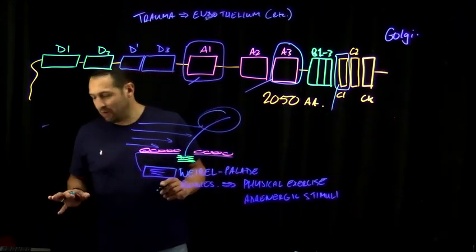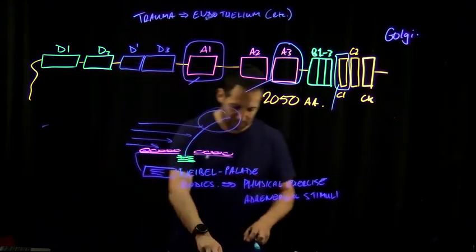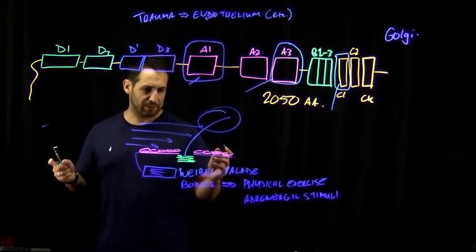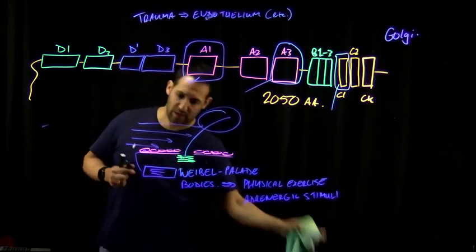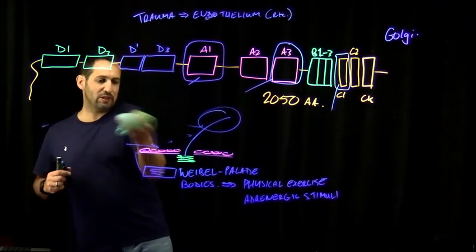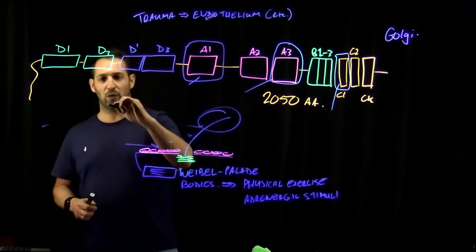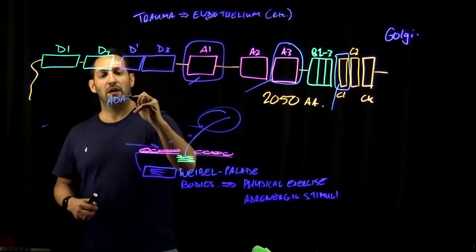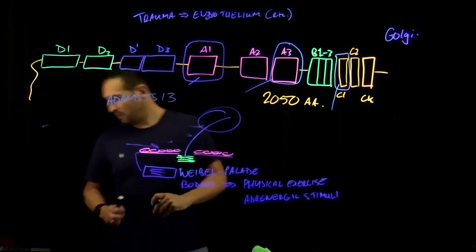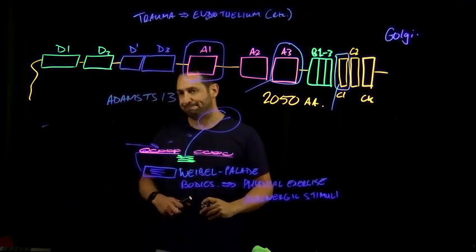So this von Willebrand factor needs to be cut down to size, and it is cut down to size by something called ADAMTS13.